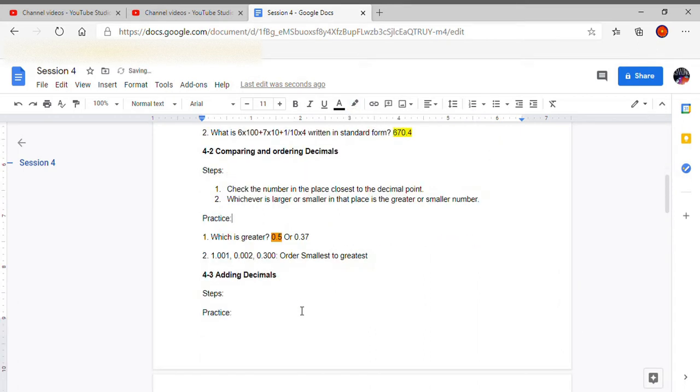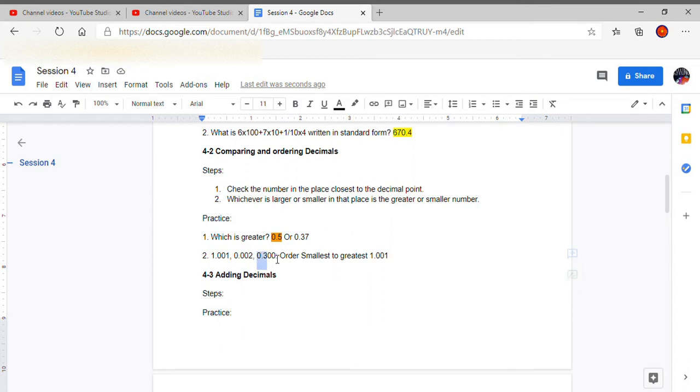Next one. Order smallest to greatest. This one has a 1 here, this one has a 0, and this one has a 0. So we already know this is the largest, but it's asking for the smallest first, so we're going to put this at the end. 1.001 goes at the end. Next place, this one has a 0 and this one has a 3.